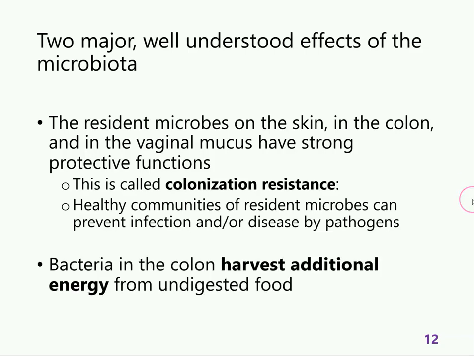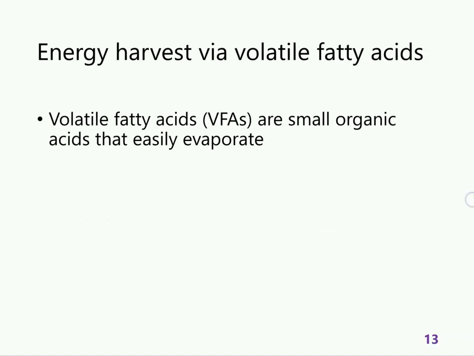And then the other one is that bacteria in the colon harvest energy from food that we can't digest. And we'll see a little more about that. So that's the one I want to start with. What it looks like is volatile fatty acids. Those are small organic acids, named that because they evaporate easily.